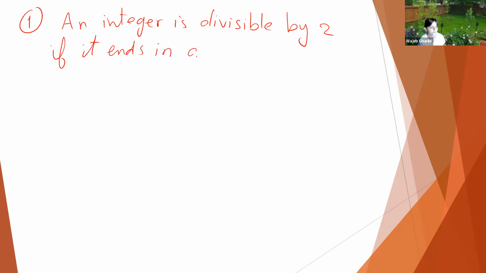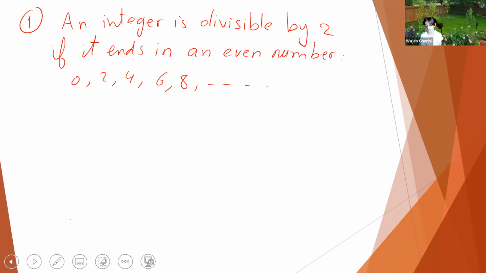An even number ends in 0, 2, 4, 6, 8. What is the second rule now?